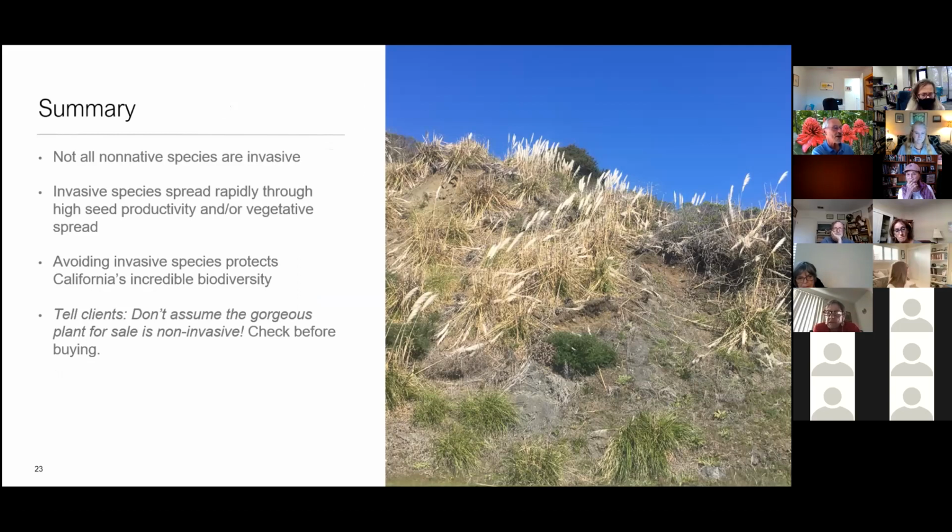Not all non-native species are invasive. Here, there's a picture on the right of an example. Jubata grass, people have heard pampas grass, this is related. They're actually two separate species, and Jubata grass is the more common one on the coastal scrub. This is along the ocean mountains, the coastal scrub.